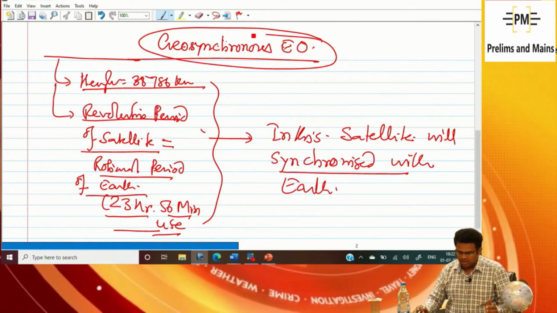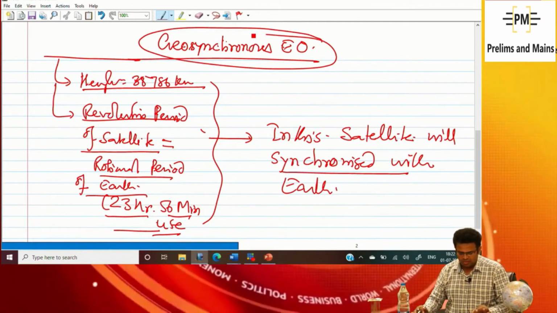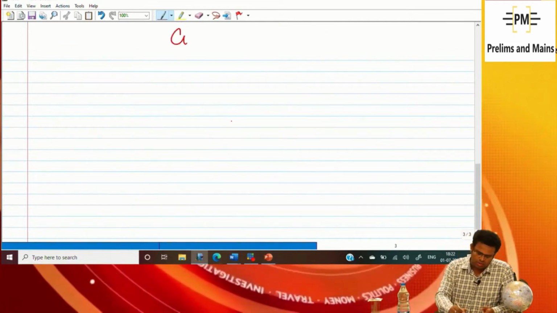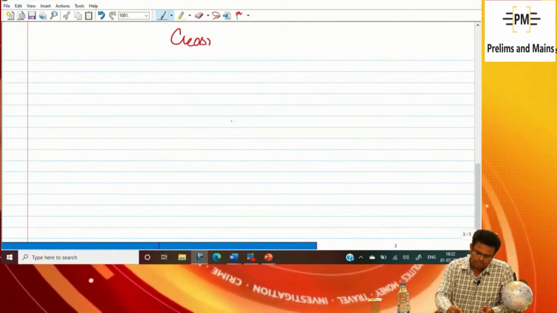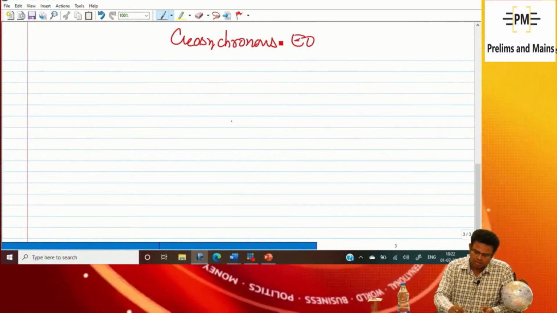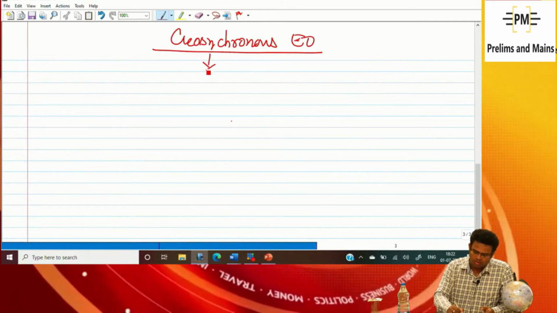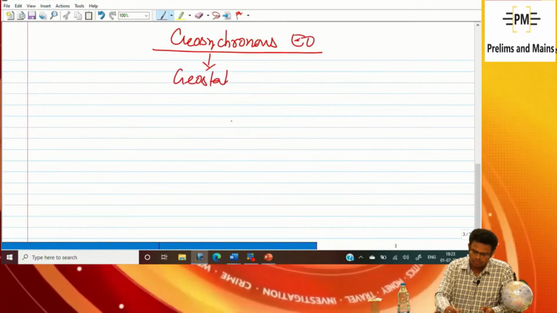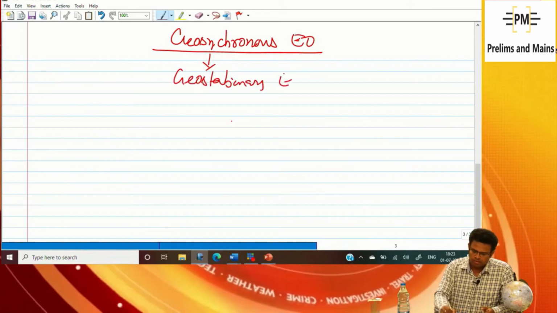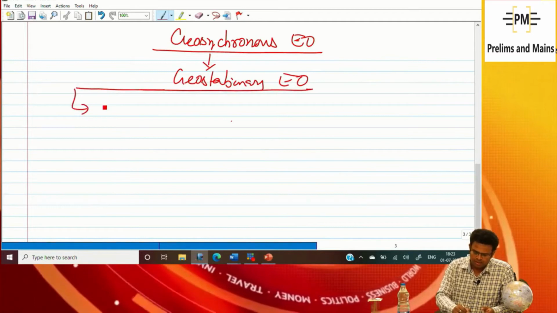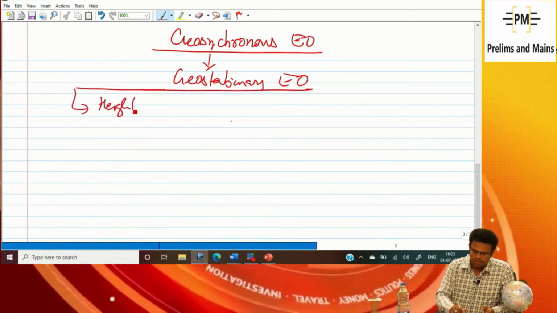The same thing if I say with height, revolution and all, the geosynchronous earth orbit is also called the geostationary earth orbit.